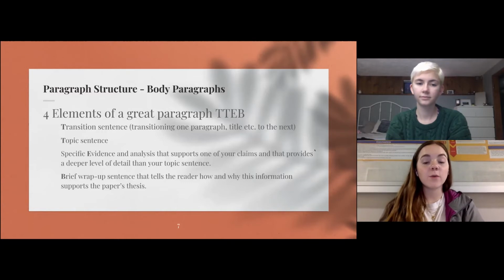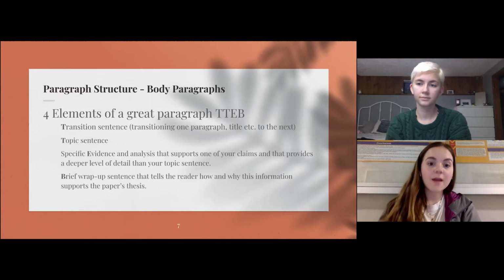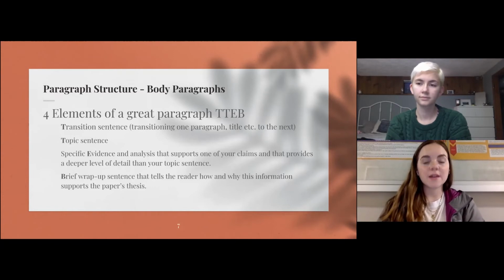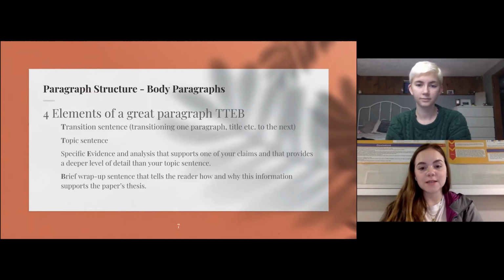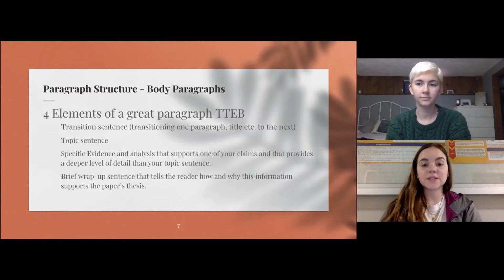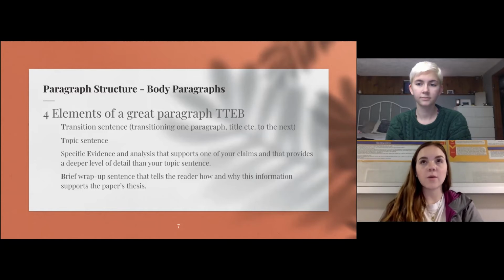Okay, and then when it comes to your structure and your body paragraphs, you're obviously going to have as many as you need to have in that paper. But there's 4 main things that you need to have in each paragraph. And this goes with an acronym, TTEB. So transition sentence. So again, transitioning from one paragraph to the next, finding a way to really make things flow.